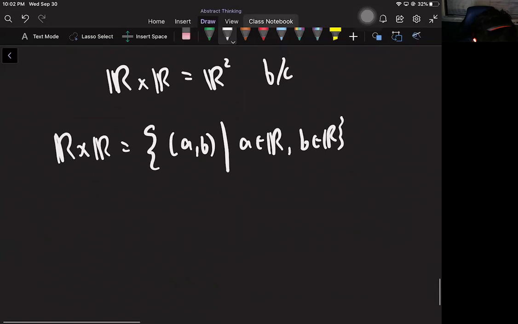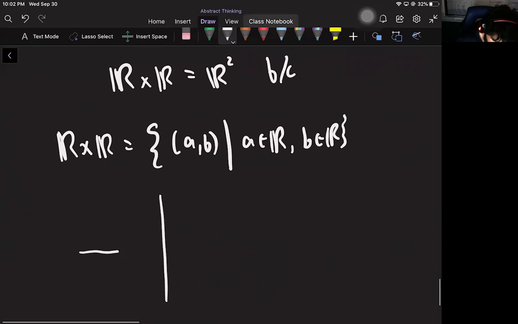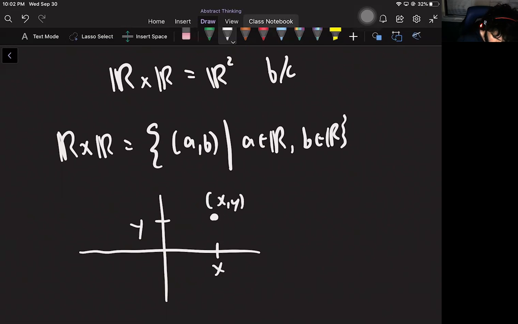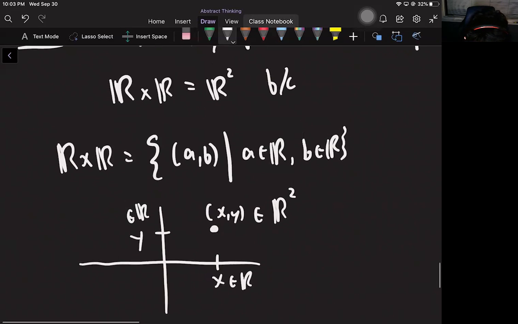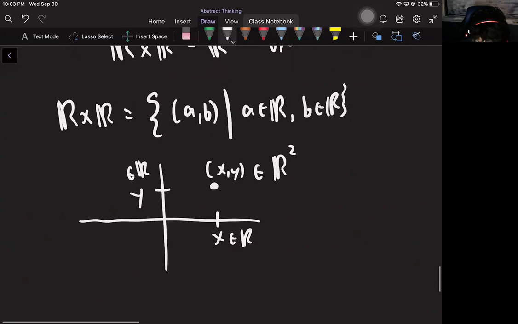But that's exactly the same as the plane, because the plane is just a bunch of XY coordinates where X coordinate is a real number and Y coordinate is a real number. I just used the letters XY instead of AB, but I could have used the same letters. The point is that this XY coordinate is an element of the set R2 or R cross R. So a point on the plane is a point in R cross R.